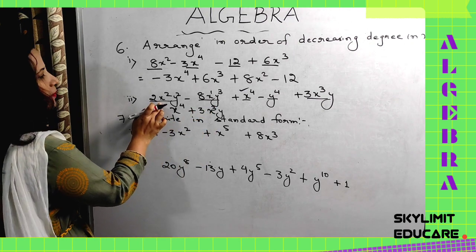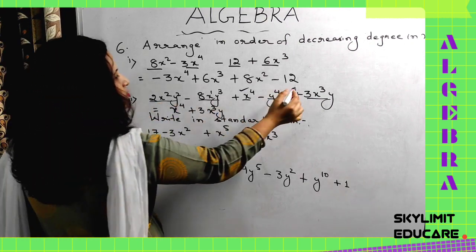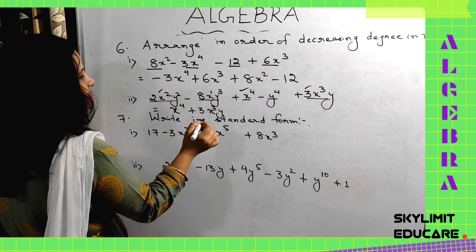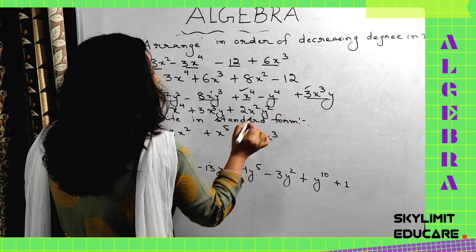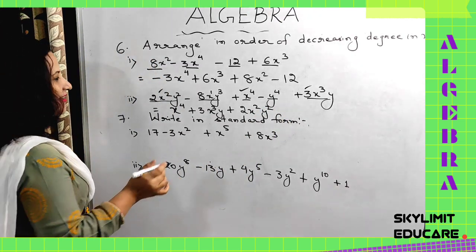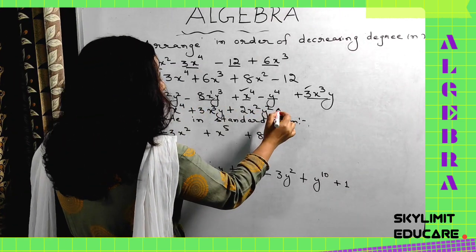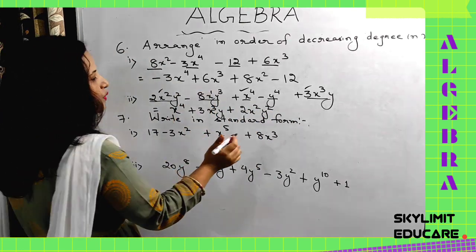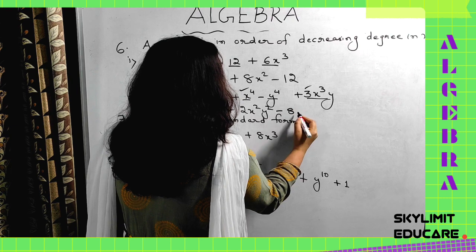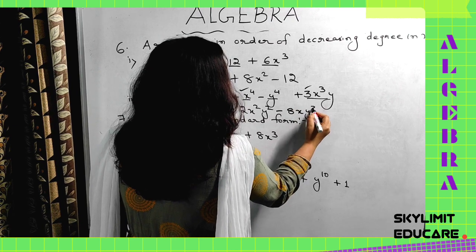Then where x has a power 2, this is also gone. Now the third one will obviously be this one, so plus 2x square y square. And then here x has the power 1, since nothing is written. So minus 8x y cube.